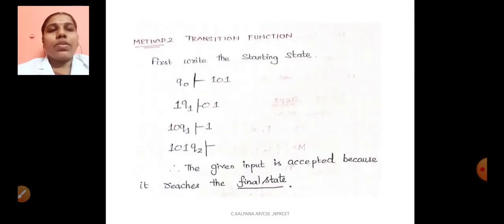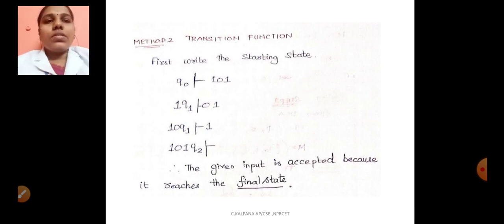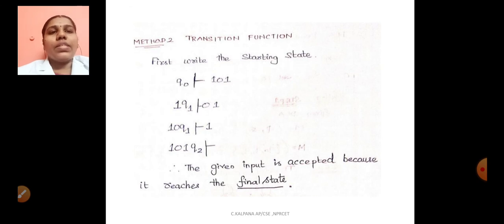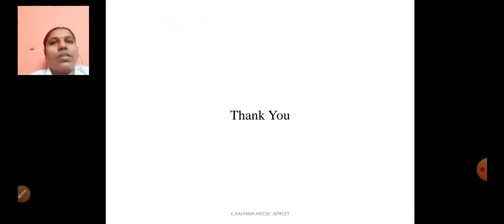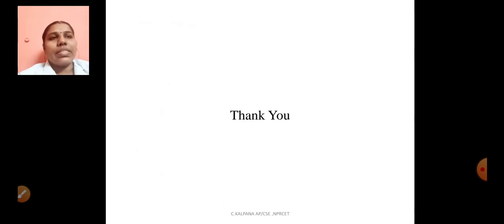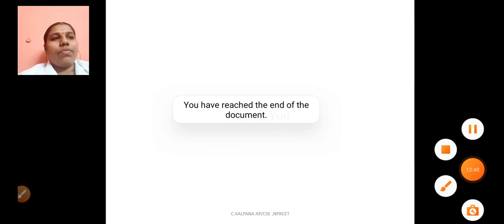So here represent q1. Then q1 to 1 is q2. If the input reaches the final state, we can write that the given input is accepted. So this is the diagram of the transition types of finite automata, DFA. We can check how the input is accepted in DFA and NFA. This is the basic concept. In the next class we will discuss NFA. Thank you.